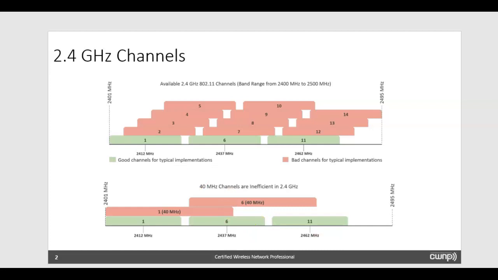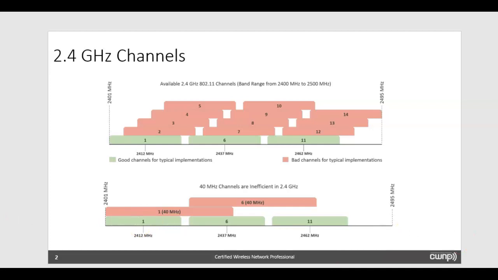If you look at the chart below, some protocols allow for a 40 megahertz channel width, and as you can see here, you can still get away with 1, 6, and 11. So just keep that in mind.